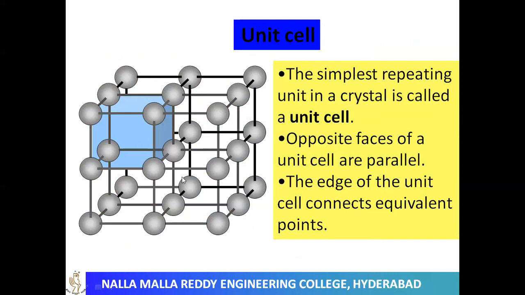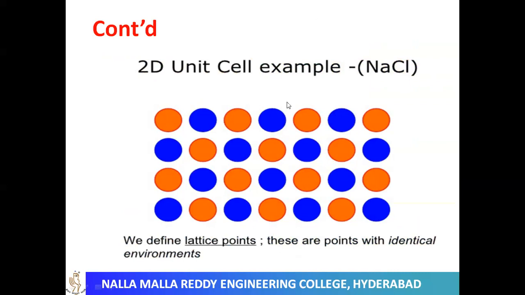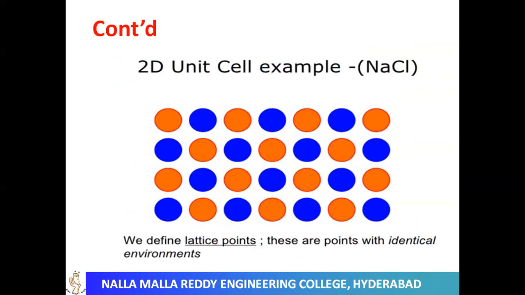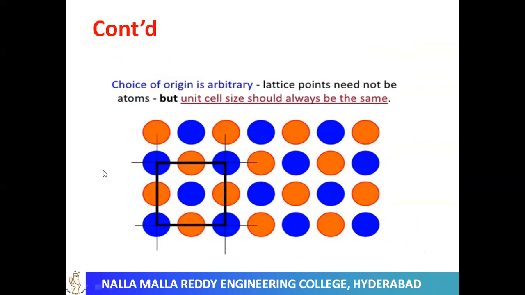We can also define the unit cell as the simplest repeating unit in a crystal. We have a two-dimensional unit cell example, NaCl. These are the points with identical environments. Here we show that the unit cell sizes are the same, with equal distances in the crystal lattice.